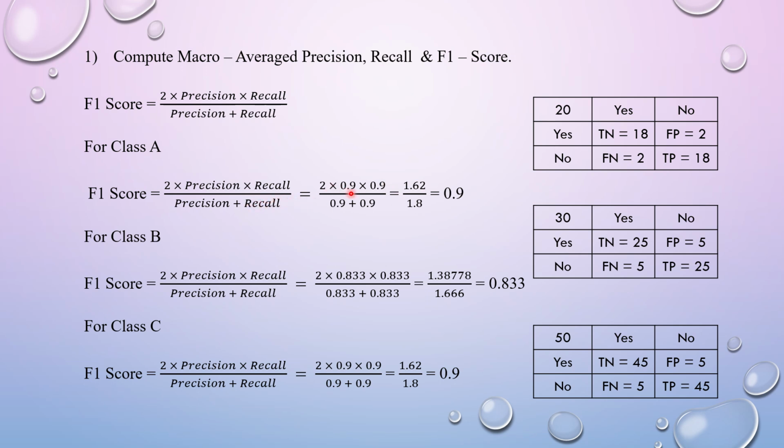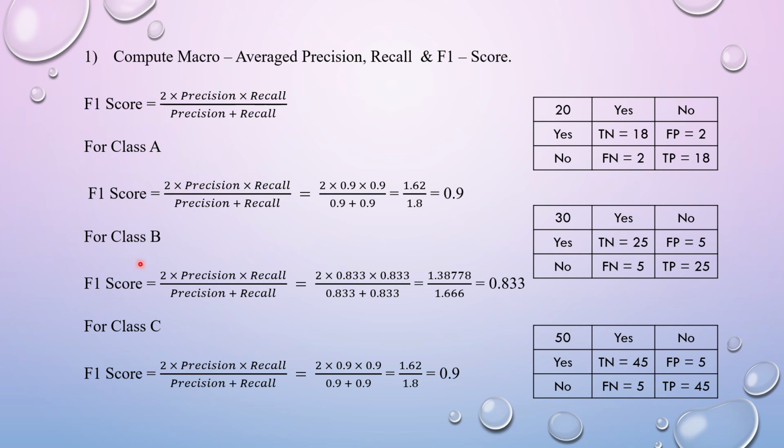So 2 into 0.9 into 0.9 divided by 0.9 plus 0.9. So the value of this is 1.62 and after adding, 0.9 plus 0.9 is 1.8. So 1.62 divided by 1.8 which is equal to 0.9. So F1 score for class A is 0.9.